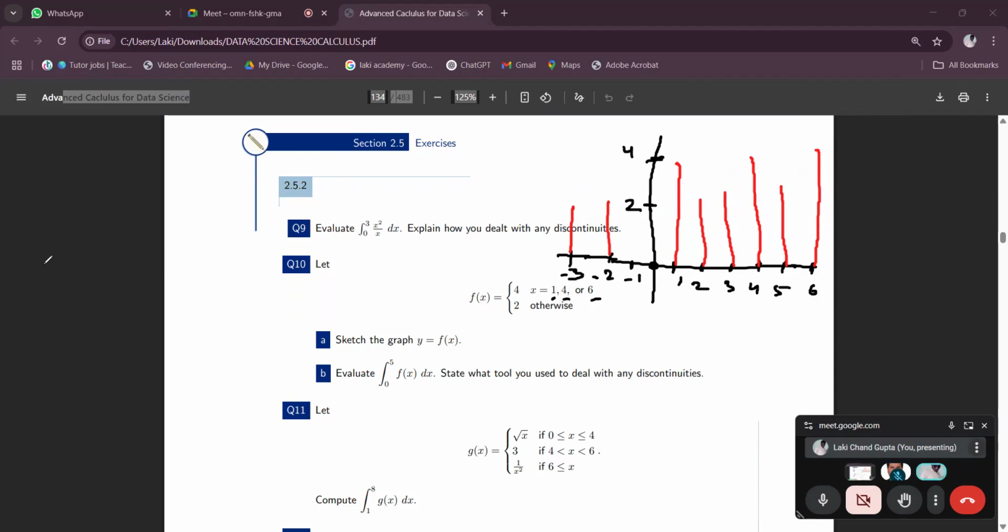Now the problem is how to draw the graph of this. You can draw like this.